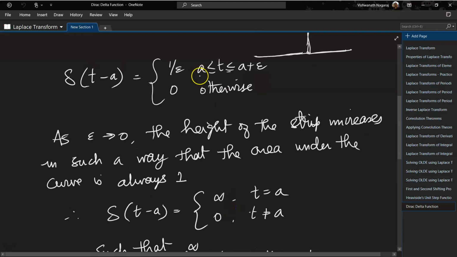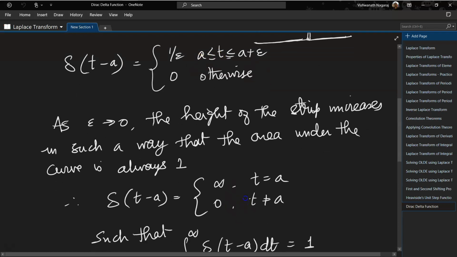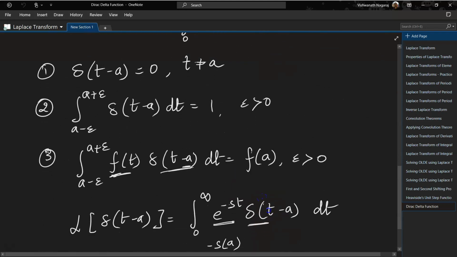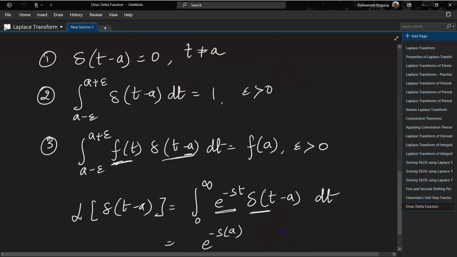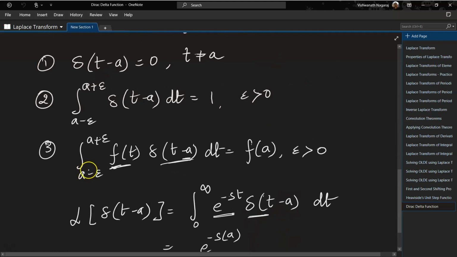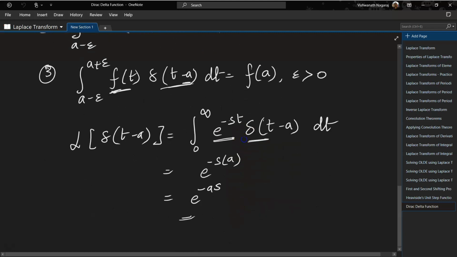So if a is 0, we are talking of 0 to epsilon. Before 0 and after epsilon, it's all 0. The function returns 0 whenever t is not equal to a, so if a is 0 and t is not equal to 0, it is 0.